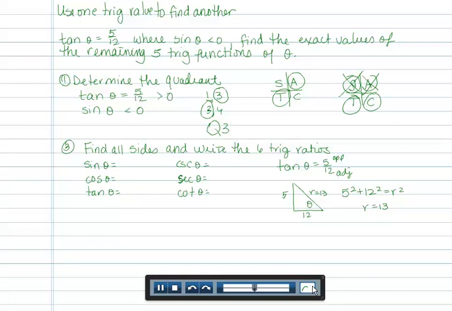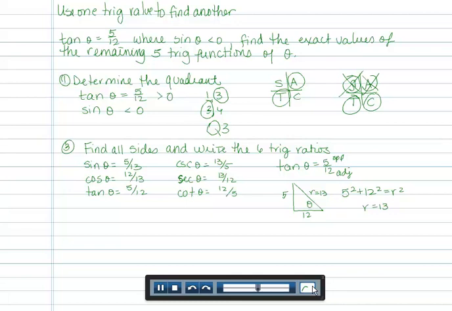Now, one other thing is, don't worry about positives or negatives right now, because I'm going to show you what you do once you're done with all the ratios. So you write them. Sine theta is going to be 5 over 13. This will be 13 over 5. Cosine will be 12 over 13. This one will be 13 over 12. Tangent will be 5 over 12. This will be 12 over 5.